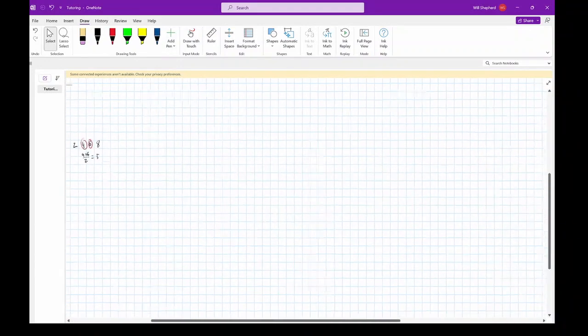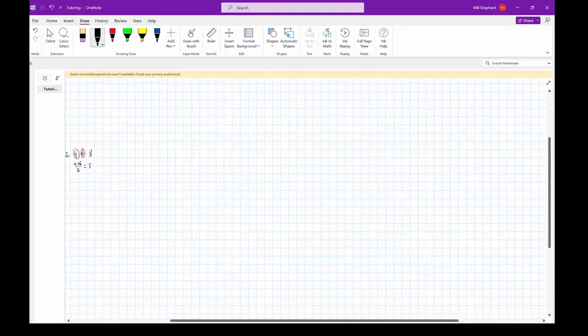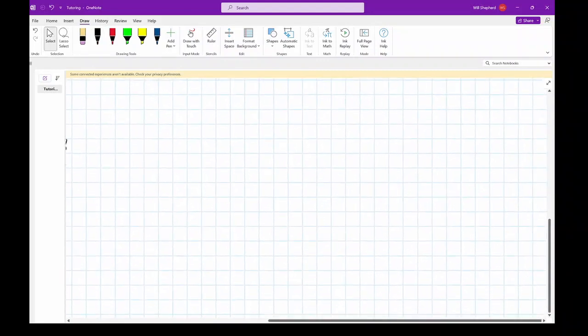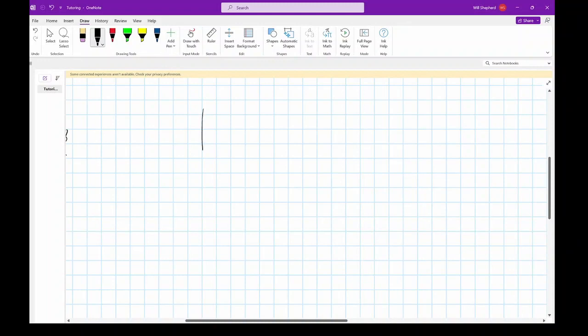Now, moving on to the distance of a line segment, or length of a line segment, I should say. So let's draw another set of axes. And we've got y and x here, and we've got the point x1, y1. And then we'll say up here we've got the point x2, y2.